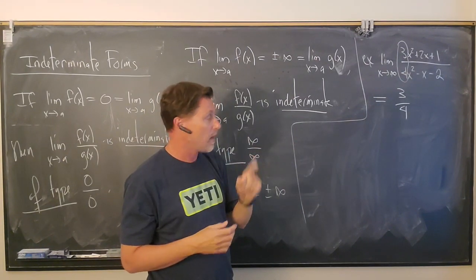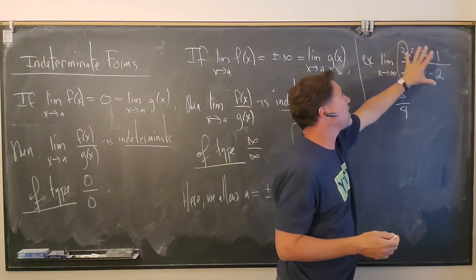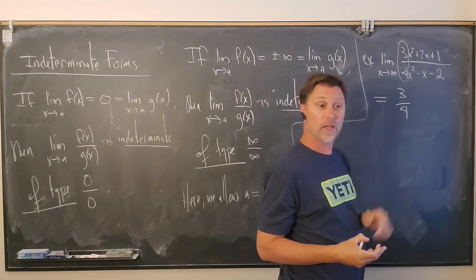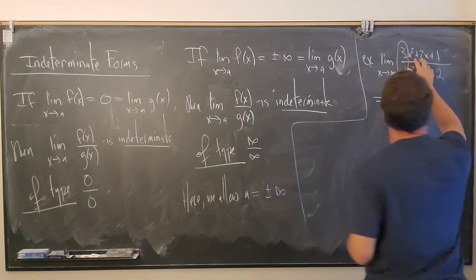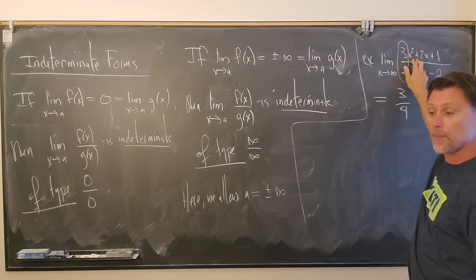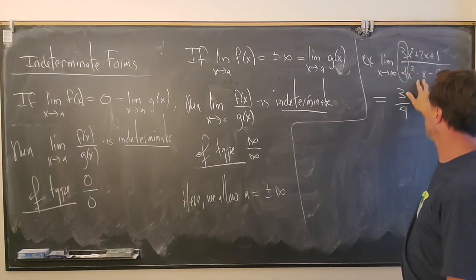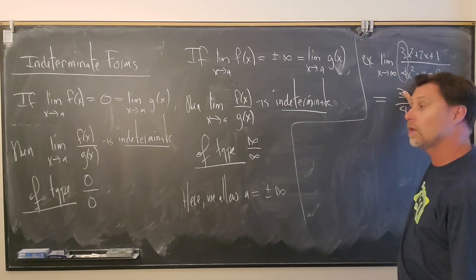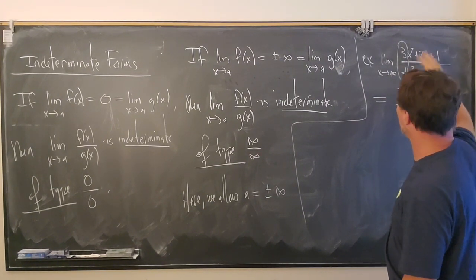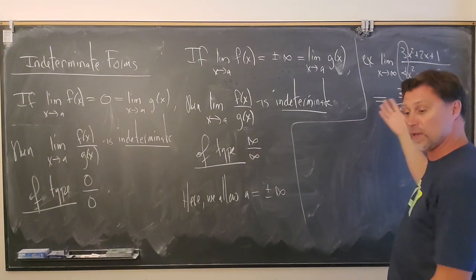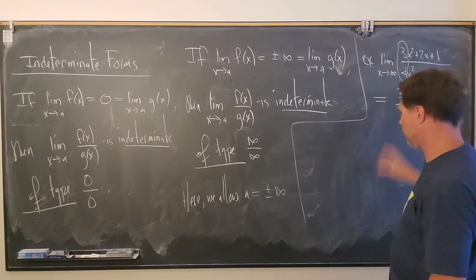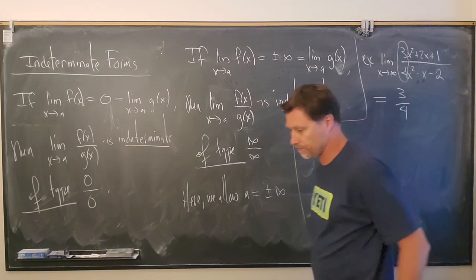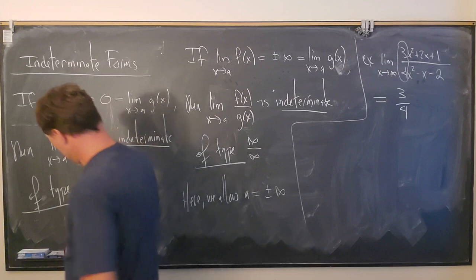But notice, this limit right here is indeterminate of type infinity over infinity, right? If you take the limit individually of the top, you'll get positive infinity. Take the limit as x goes to infinity of the bottom, you also get infinity. So this is indeterminate of infinity over infinity, but we know from previous Calc 1 rules how to compute this. You get 3/4.